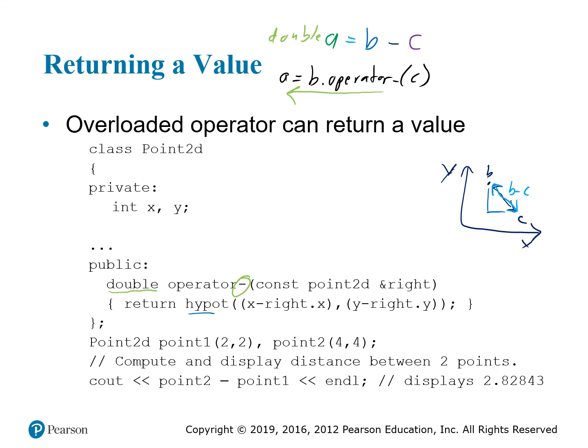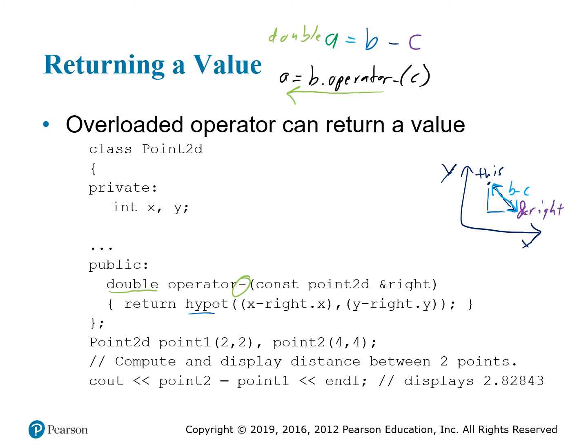so in this case, we've got B and C here. So we're calling B dot operator minus C. So C becomes ampersand right, and A becomes this. So we could write this arrow X minus right dot X, but the this is implied.